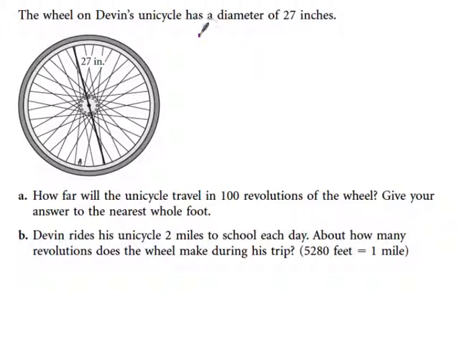So in this case, the circumference is pi times the diameter, which will be pi times 27. What does that come out to be? 27 times pi?